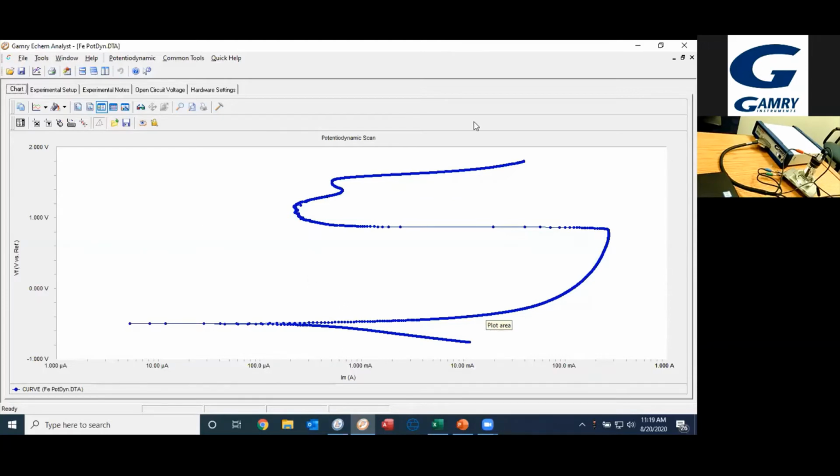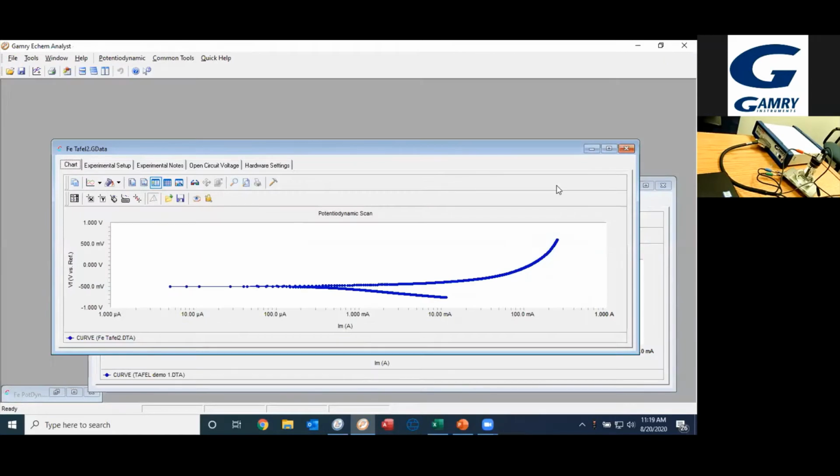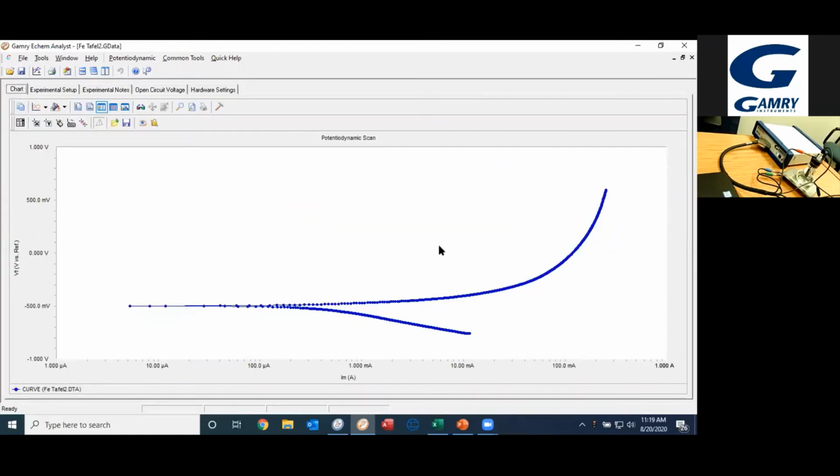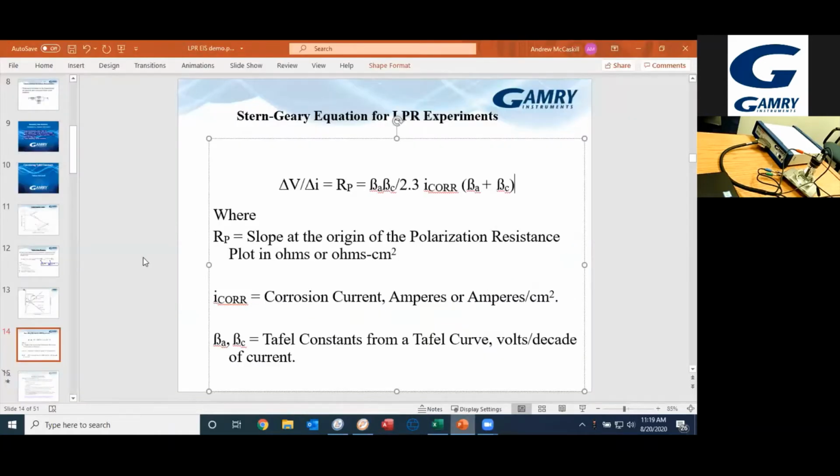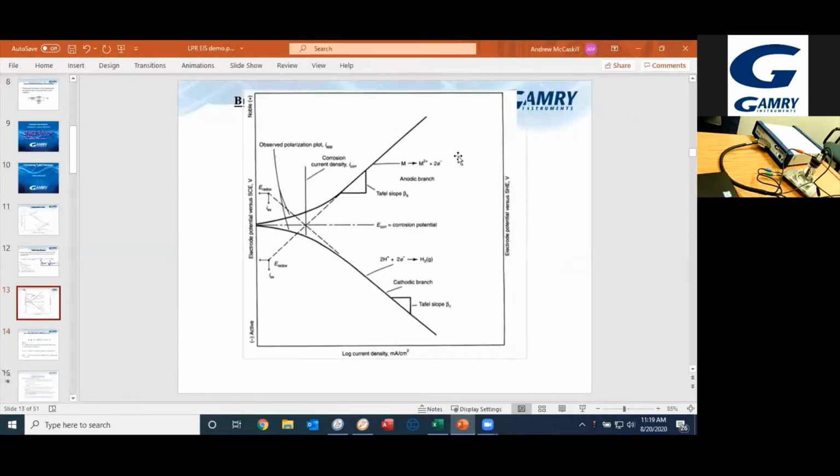So what I did was I isolated some of that data. This is from the same data that we were just looking at, but I isolated it to a smaller region. And if we go back to the PowerPoint slide, you can see the similarities to what we're looking at right here.